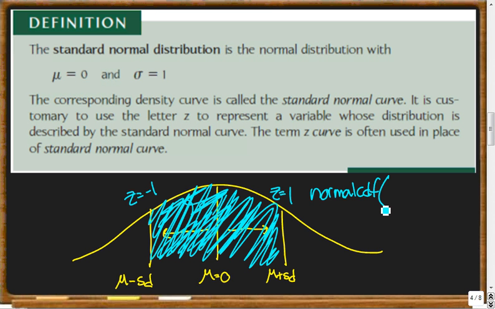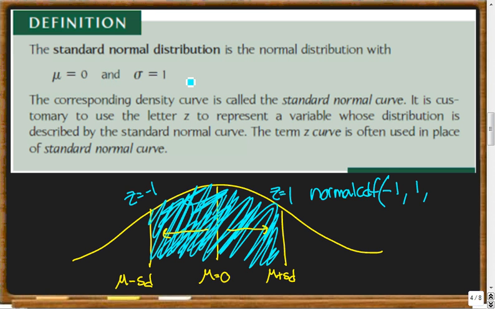Now, our lower bound is going to be, now we're talking about z-scores, so our lower bound is going to be -1, and our upper bound is going to be 1. Well, all we need to do is just define that we are using a mean of 0 and a standard deviation of 1. Now, your calculator will automatically use 0 and 1 unless you tell it otherwise.